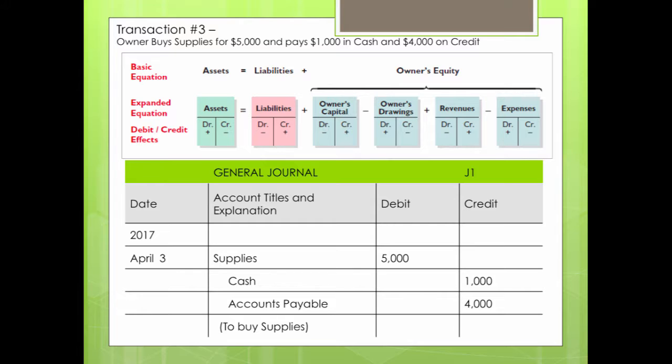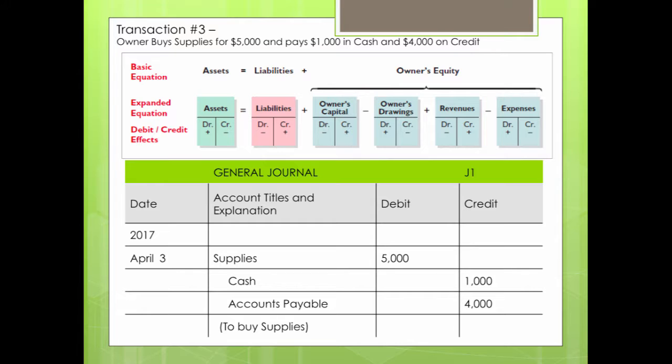So in this example, the owner buys supplies for $5,000 and pays for it using $1,000 in cash and $4,000 on credit. So now we have transactions that affect 3 accounts, not 2. In this case, it affects the supplies account, the cash account, and the accounts payable account for credit.